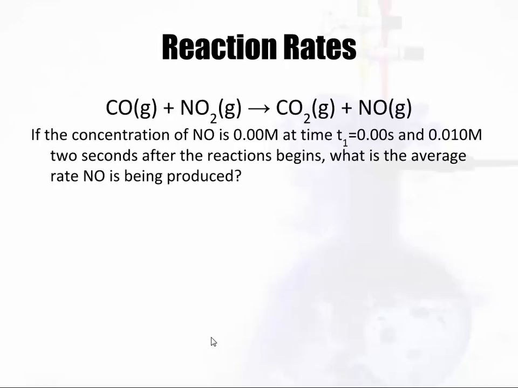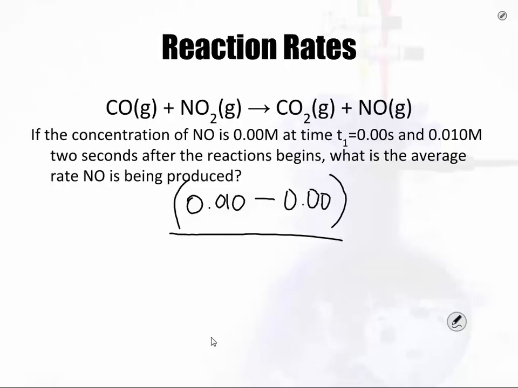So we're going to take our final concentration. So after 2 seconds, we're at 0.01. So 0.01 minus our initial. So initially we had 0 molar, 0.00 in brackets, divided by our change in time. So our final time was 2 seconds. Our initial time was 0.